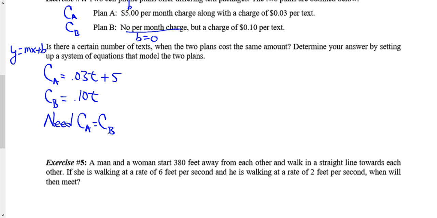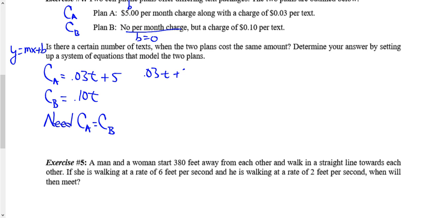What can I substitute in for C sub A? What's it equal to? 0.03T plus 5, and I can replace C sub B with what? 0.10T, because they're equal.